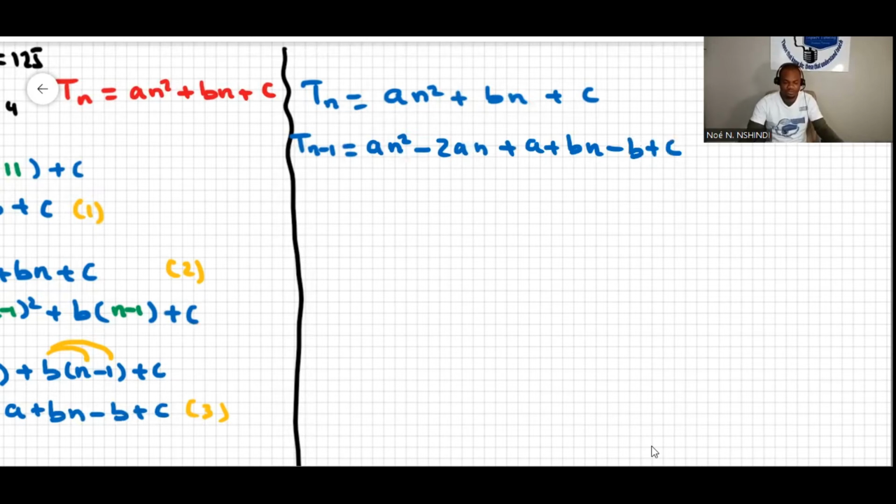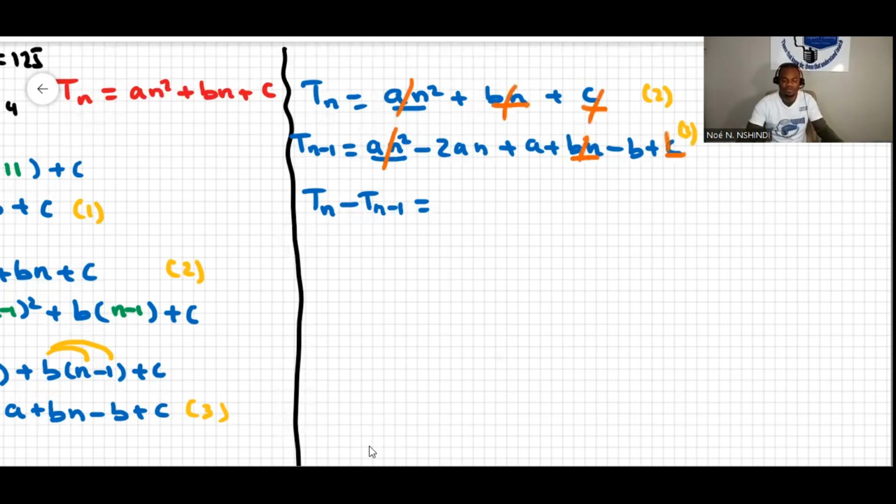Now we're going to do Tn minus Tn minus 1. We do this equation 2 minus equation 3. So this is equation 2, that's equation 3. So we're going to do an squared minus an squared, okay, so these two cancel, and then we have bn and bn, they also cancel, and then c also.